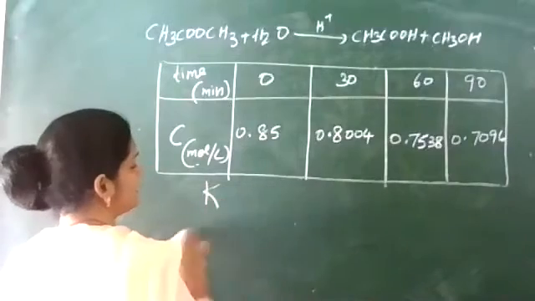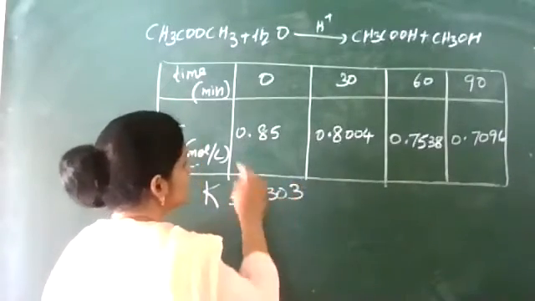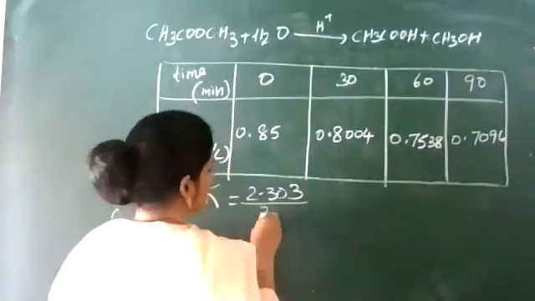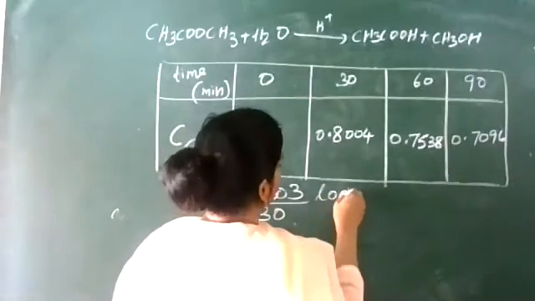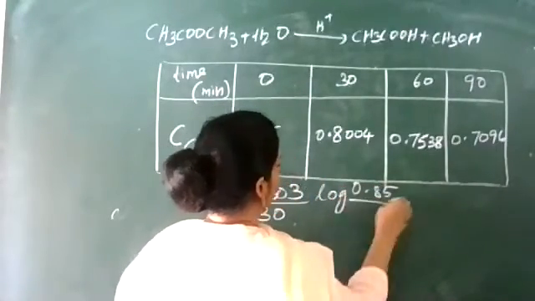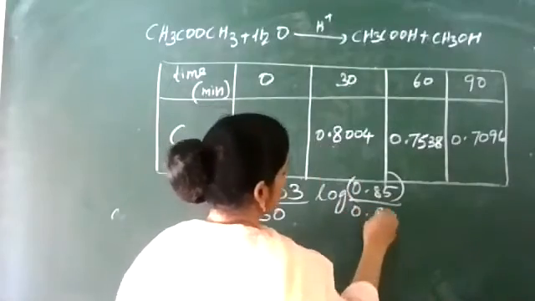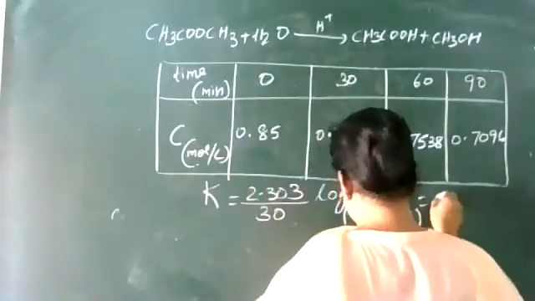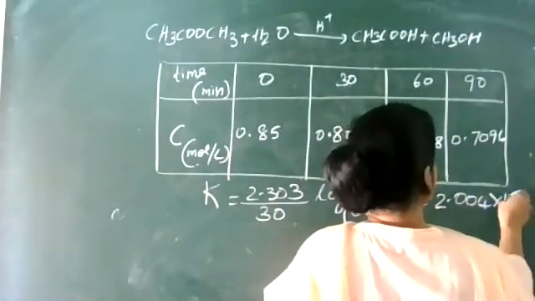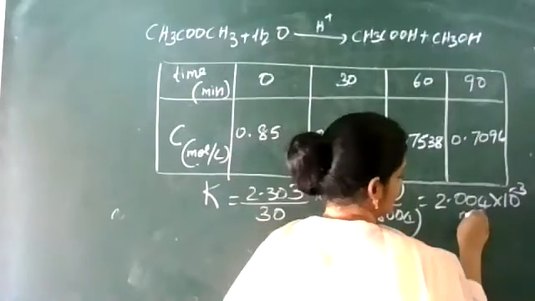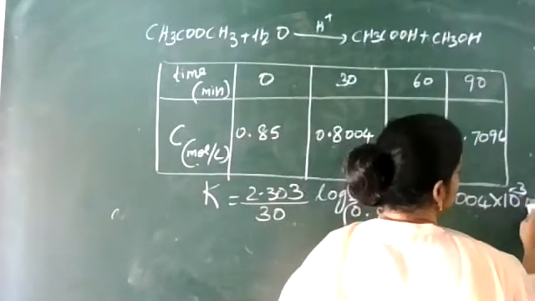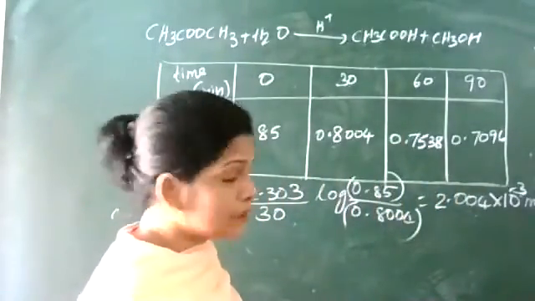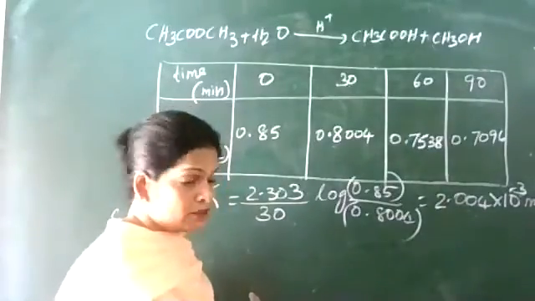K is equal to 2.303 upon t, log R0 by R. First take 30 minutes: log of 0.85 divided by 0.8002. Calculating this gives 2.002 times 10 to the minus 3 per minute. Those are the units for the rate constant of a first order reaction.